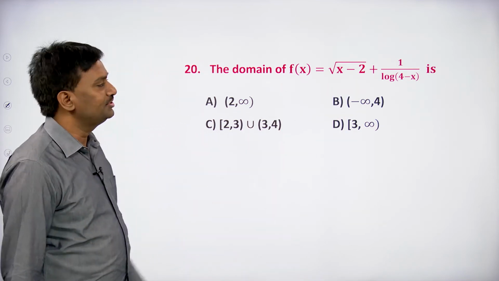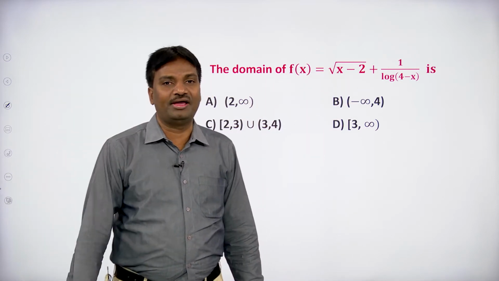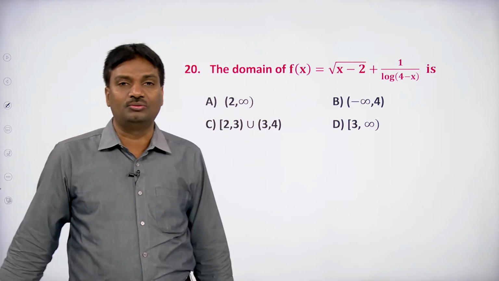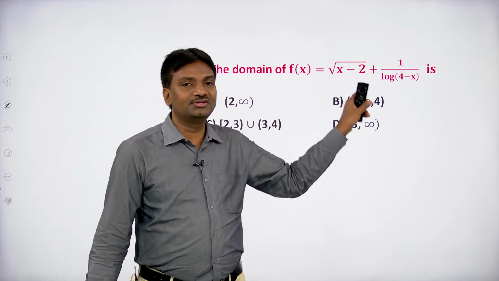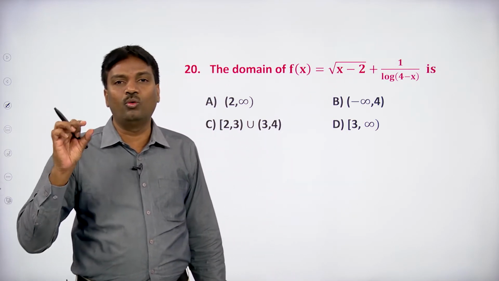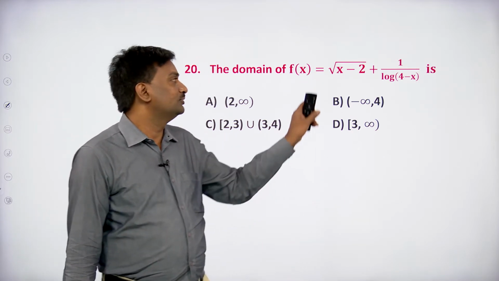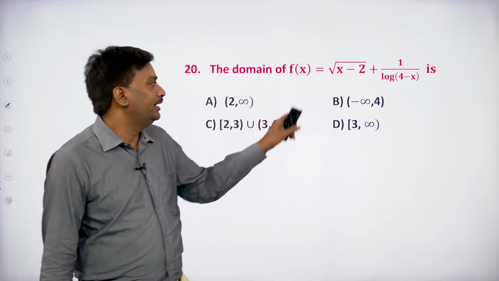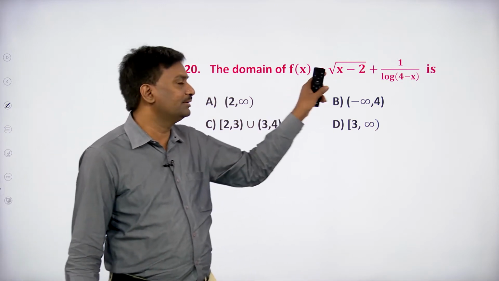Here first let us consider x minus 2, where x minus 2 lies under square root. So we have to take x minus 2 greater than or equal to 0. The value under square root is defined only when that is 0 or a positive number. So if in place of x minus 2 we take 0, root 0 equals 0. If we take a positive real number in place of x minus 2, you will get some value.